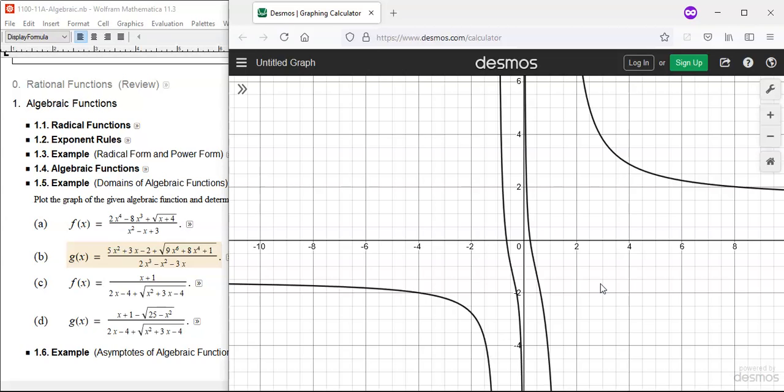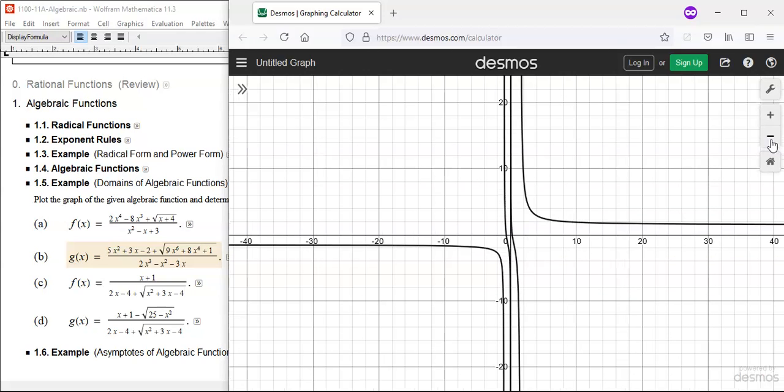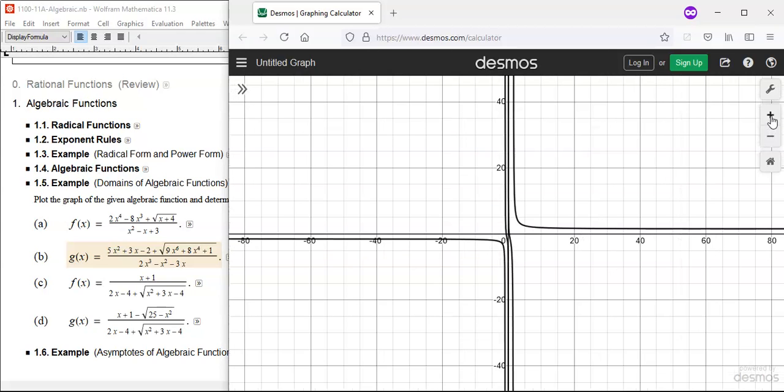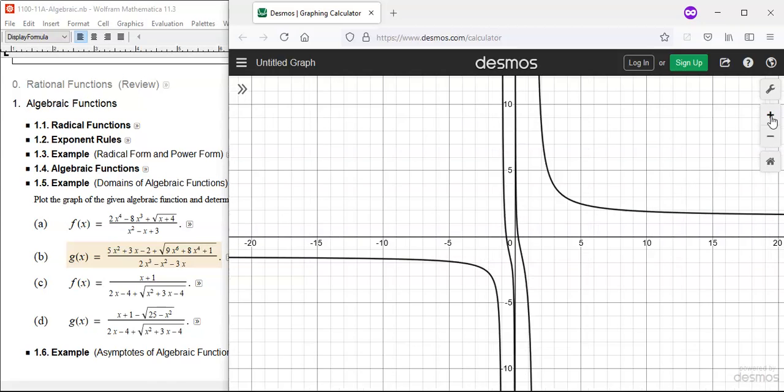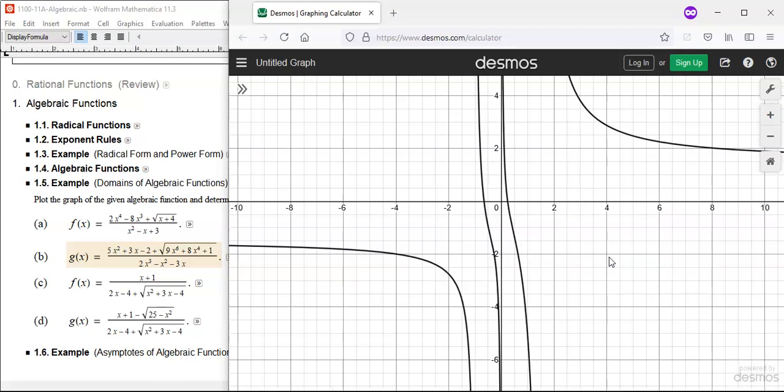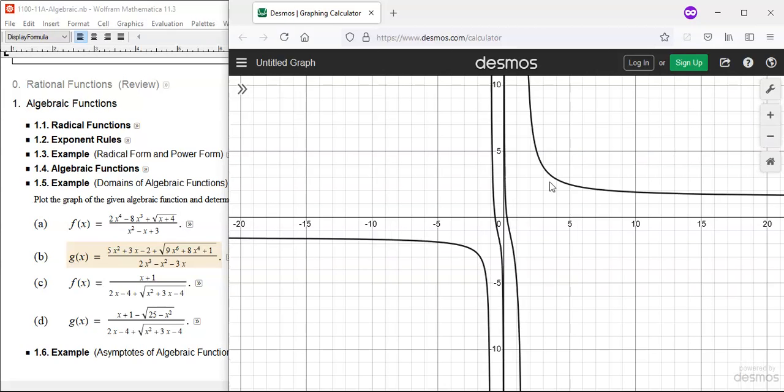What do you see? We have 4 curved pieces, apparently, separated by 3 vertical asymptotes. One here around x equals -1, I guess, and then x equals 0, and one around here around x equals 2.